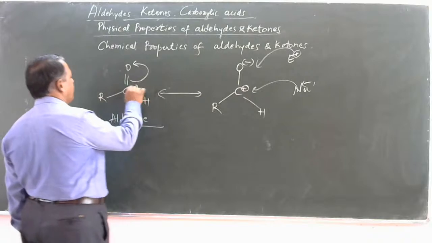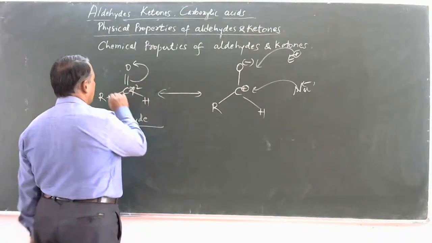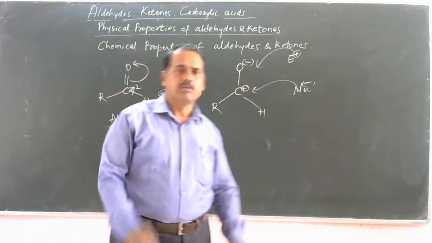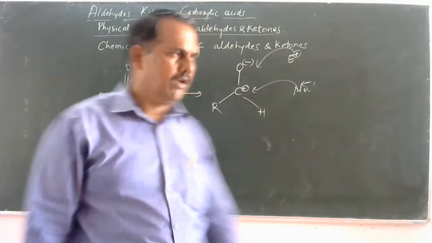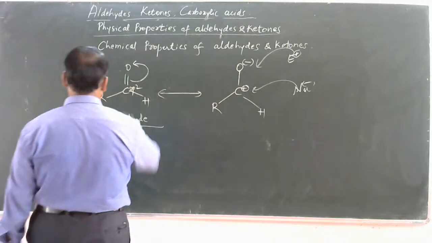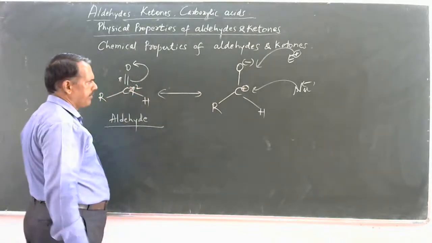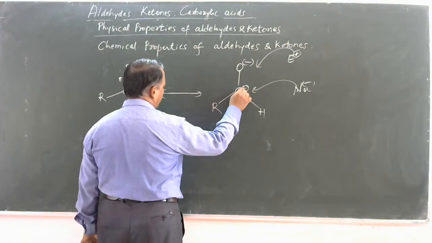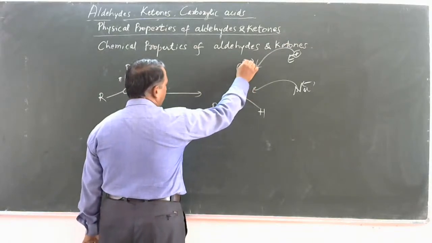In this sp2 hybridized carbon we can find 1, 2, 3 sigma bonds, and 1 pi bond. So in this resonance chemistry, this is the electron deficient center and this is the electron rich center.